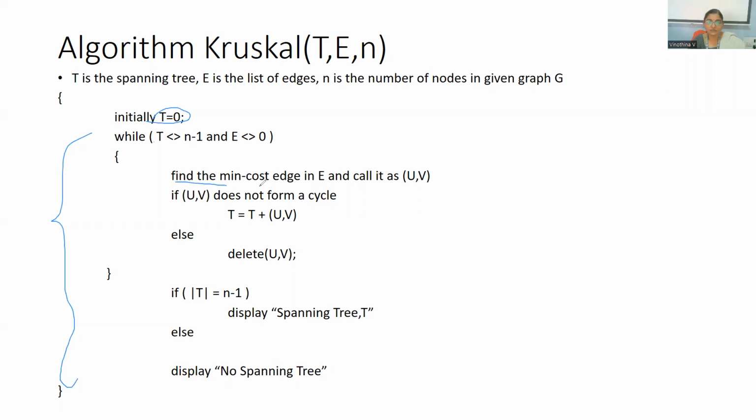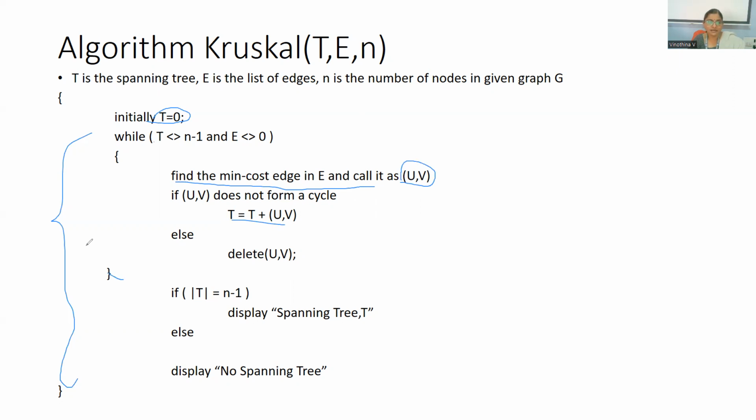The first step is to find the minimum cost edge in the list of edges E. Call that edge U comma V. If U comma V does not form a cycle, then add it to the solution set, T plus U comma V. Otherwise, delete the edge.